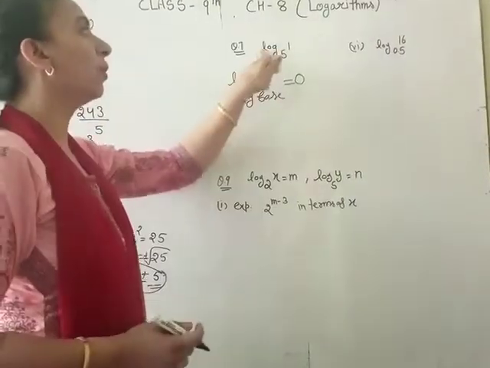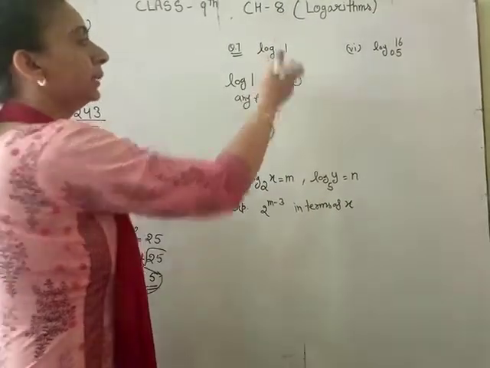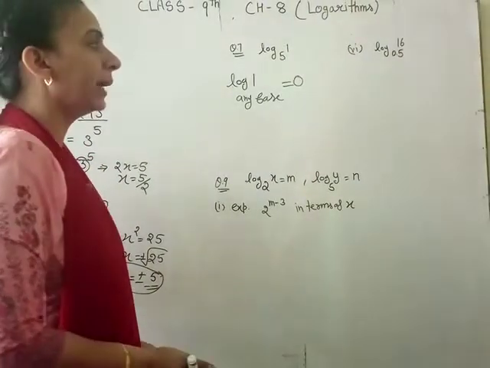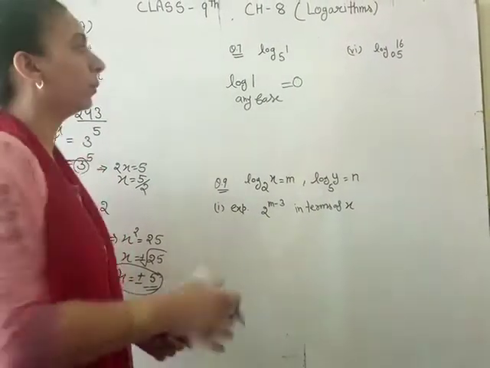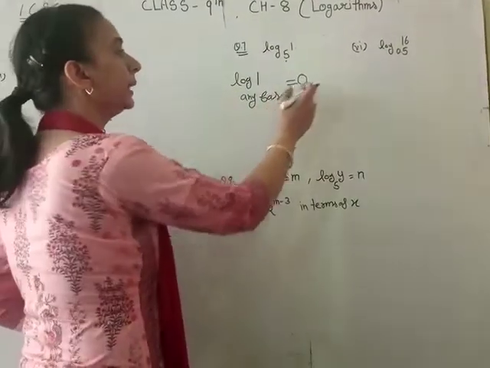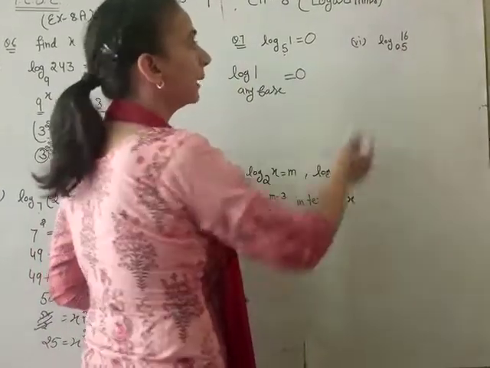If base is 5, then this equal to 0. If base is 10, then it is also 0. Okay, then log of 1 at any base, this equal to 0.